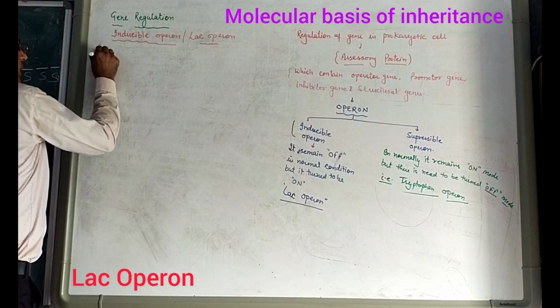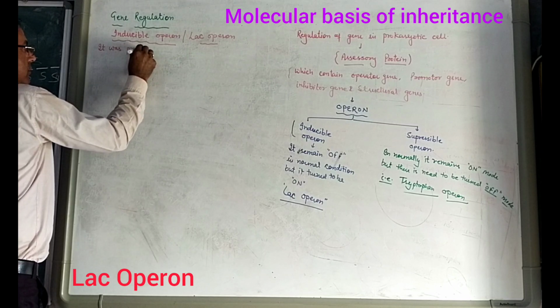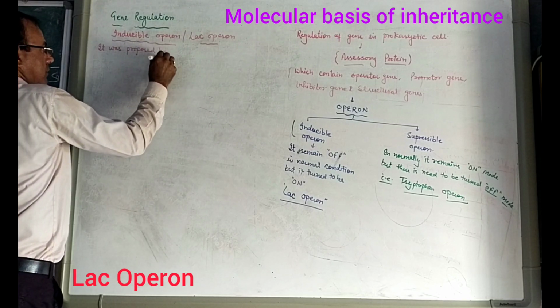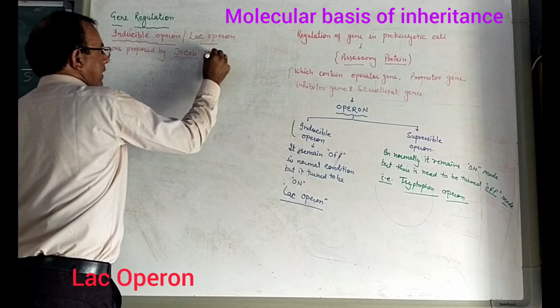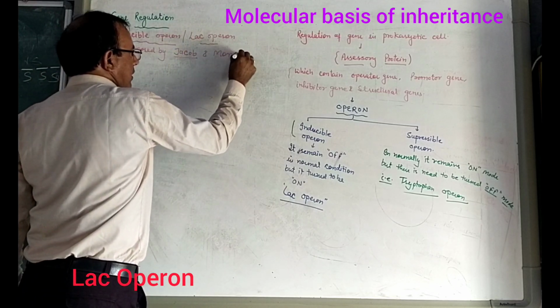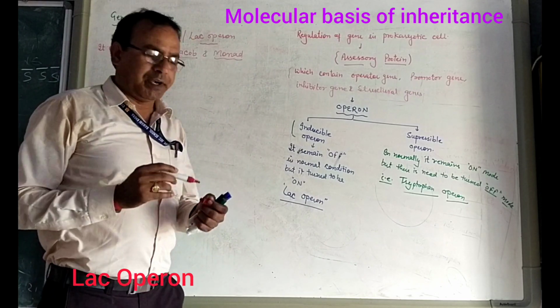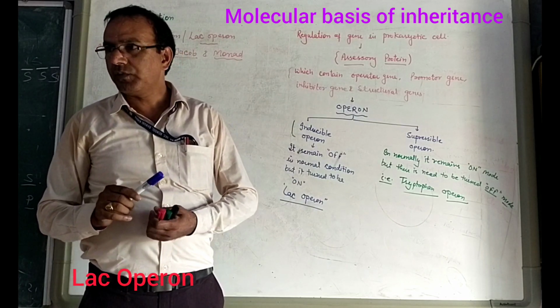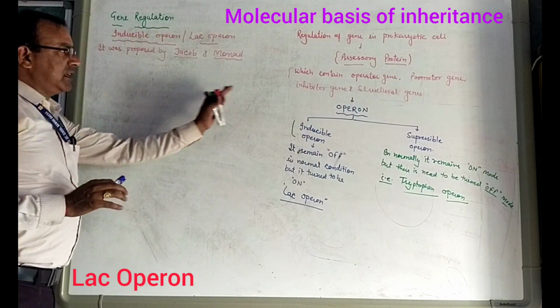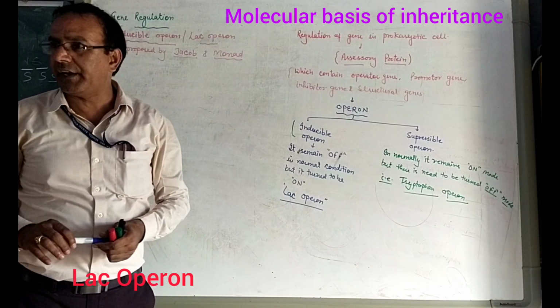It was proposed by Jacob and Monod. How can the Lac Operon process be completed or regulated? How are the genes regulated? Firstly, we have discussed that there are different types of gene with accessory protein.